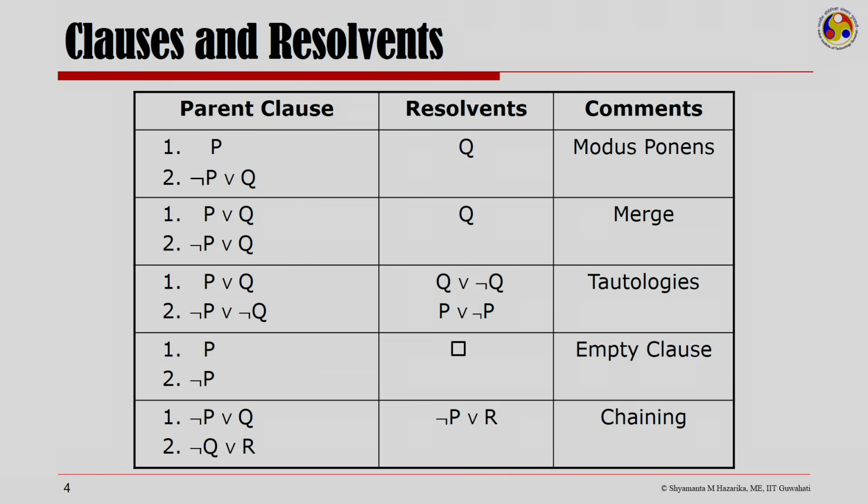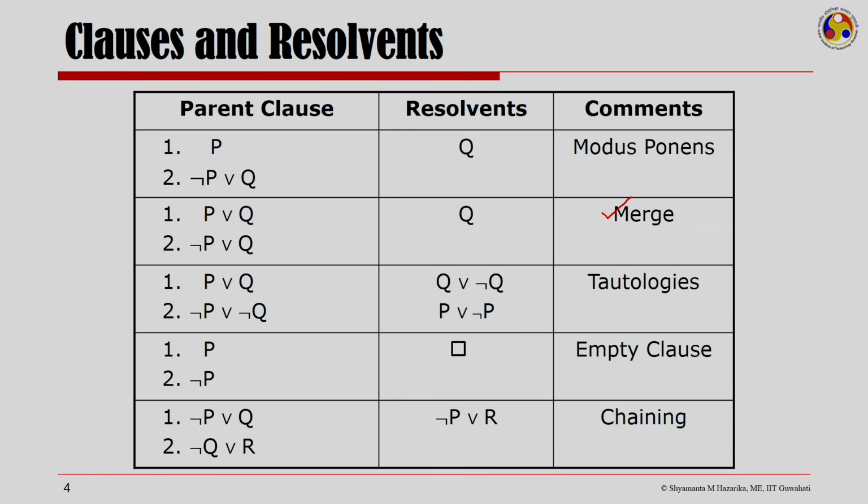Here are the parent clauses P, and P implies Q, which could be written as not P or Q, and therefore using modus ponens I could write this as Q. The same thing I could do by resolving these two parent clauses, and I could have a resolvent Q. Similarly, if I have two parent clauses P or Q and not P or Q, I could do a resolution of this to arrive at Q, which is nothing but the merge operation.